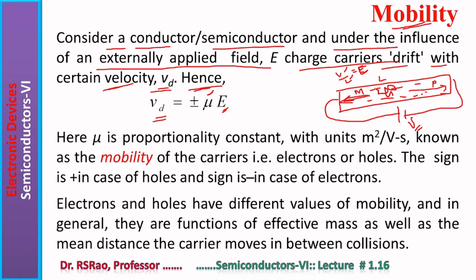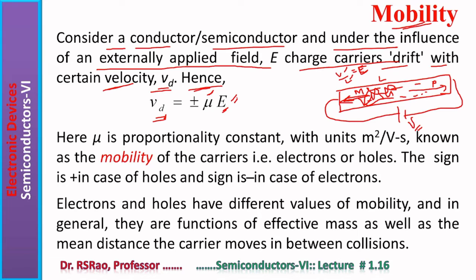It moves like this, like this, like this. And slowly, while having this random movement, under the influence of potential gradient, the electrons drift towards the positive terminal, holes drift towards the negative terminal. The velocity with which they drift is indicated by Vd.